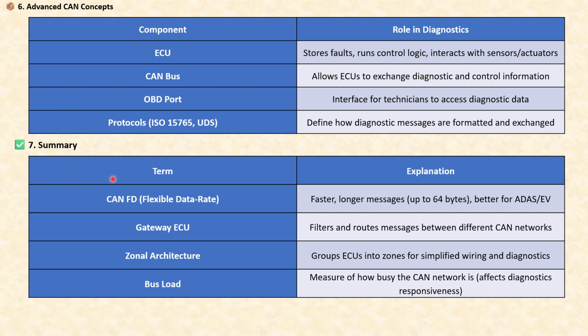Now, for the summary, in this table on the left side we see the term and on the right side the explanation. CAN FD: faster, longer messages up to 64 bytes, better for ADAS and EV. Gateway ECU: filters and routes messages between networks.